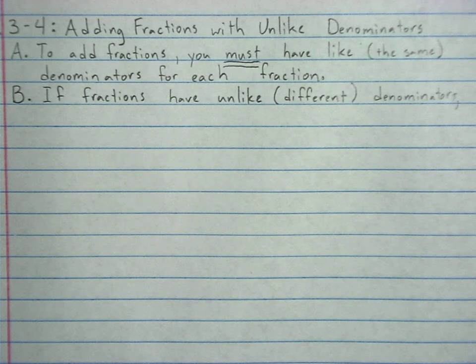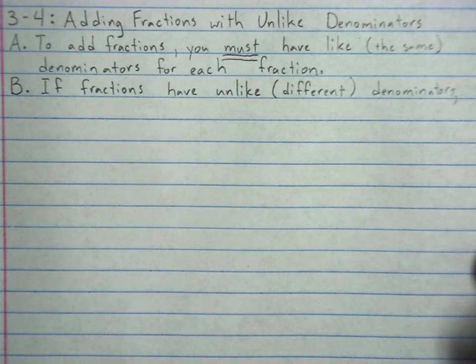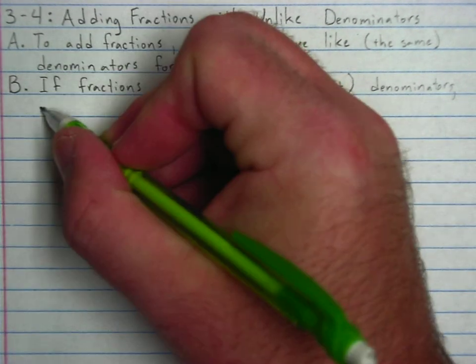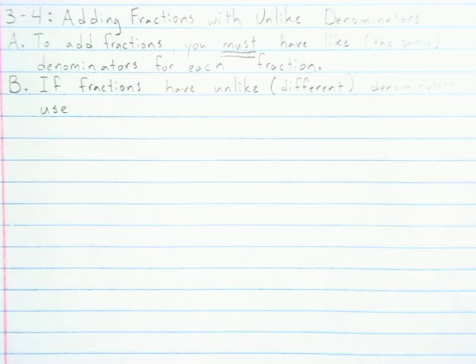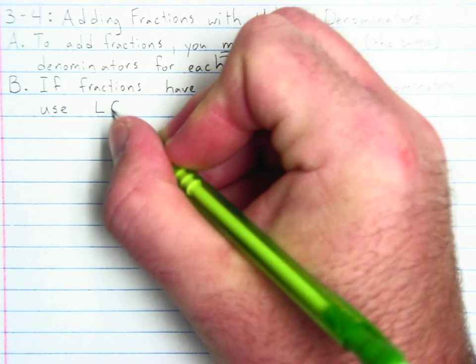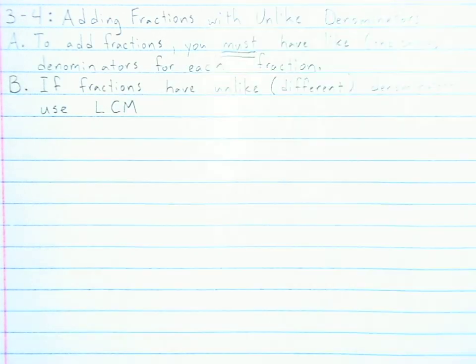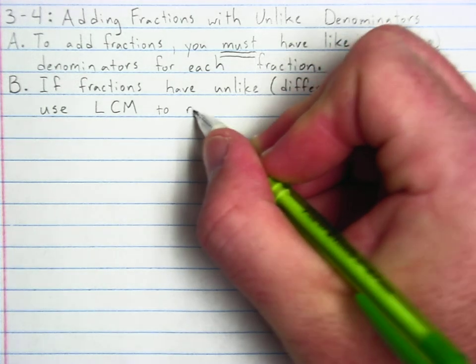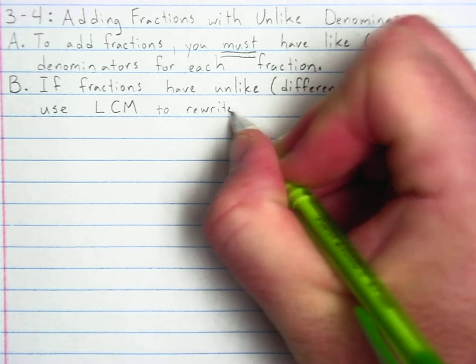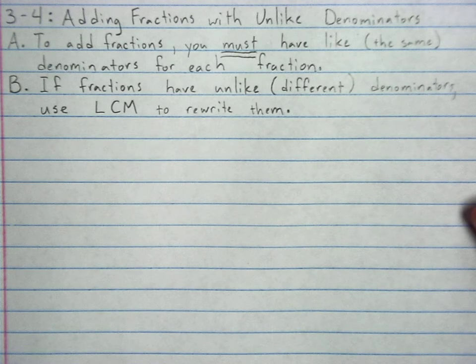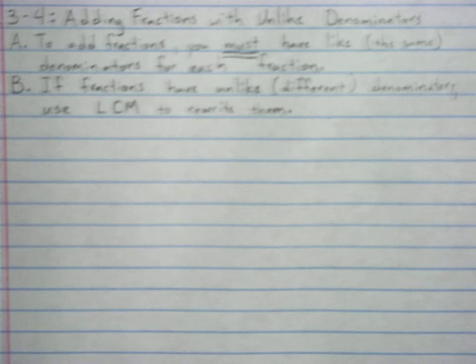You have to find a common denominator. We've seen some ways to do that with models, but a more accurate way is to use least common multiple. We use LCM to rewrite them.